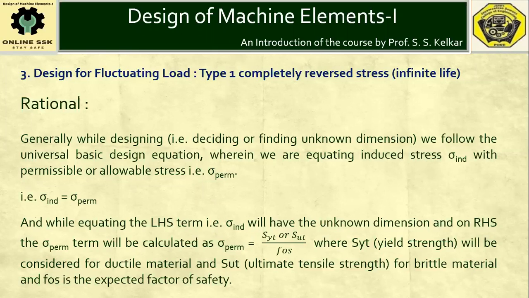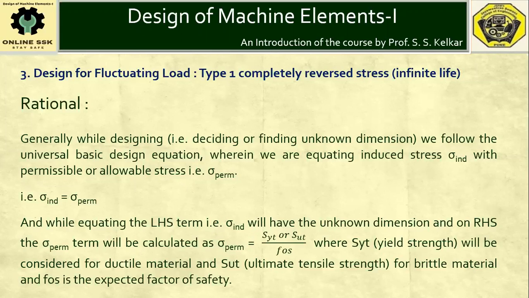In case of static loading, we equate sigma induced with sigma permissible, wherein the left hand side term, sigma induced, will have the unknown dimension, and on the right there is the allowable or permissible stress, sigma permissible, which is given by SYT or SUT divided by factor of safety. SYT is the yield point stress.